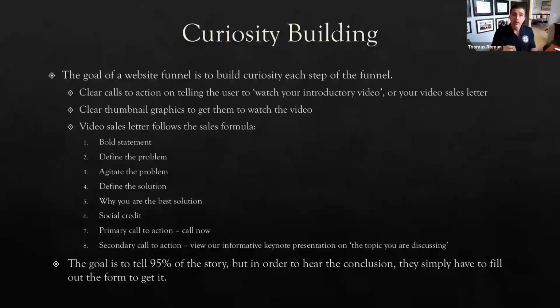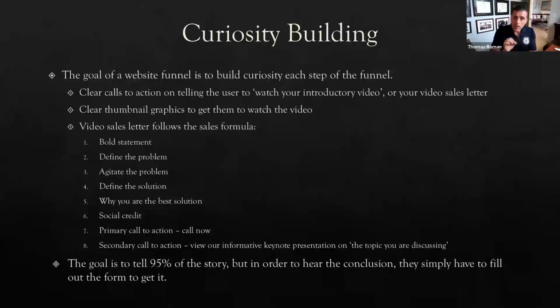You want to explain that. Then you have social proof: media mentions, testimonials, any publications you've been in. Then a primary call to action, which is, hey, call now if you need this. And then a secondary call to action, view our informative keynote presentation, which is just a pre-recorded webinar, just like this. This is a live one, but it's going to be recorded for the recorded version.